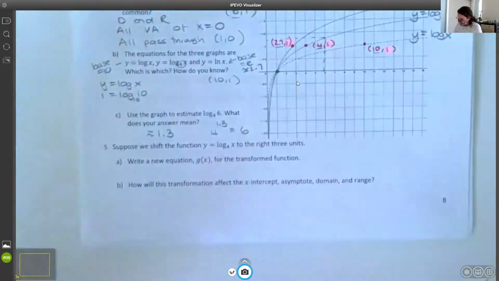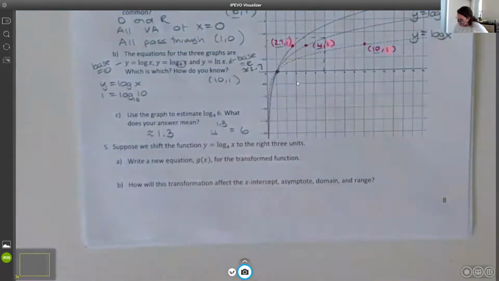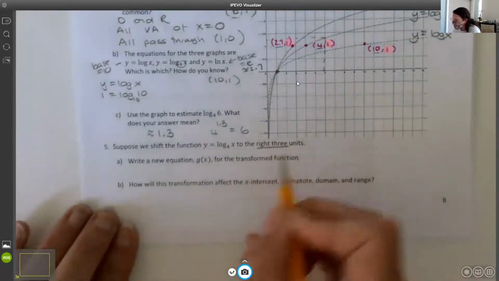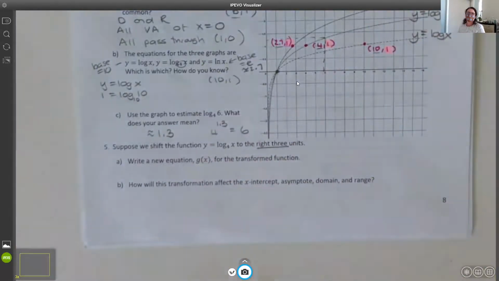All right, let's go down to number 5. This one was probably the most challenging question. It says we have a function y equals log base 4 of x, and we're going to move it to the right 3 units. So let's think about all the other functions that we've done before. When we do a horizontal shift, we're going to change something about where the x is.